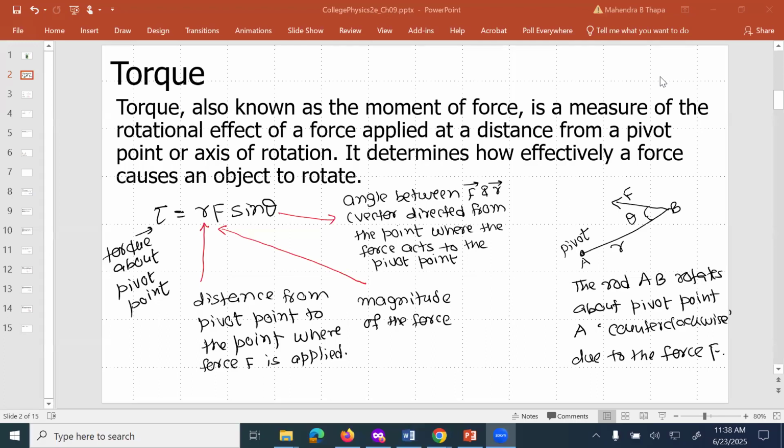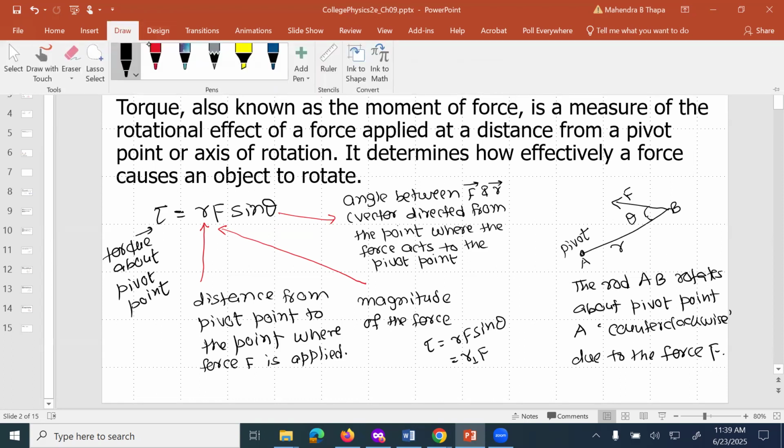The equation tau equals RF sine theta can also be written as tau equals R perpendicular times F. Okay.